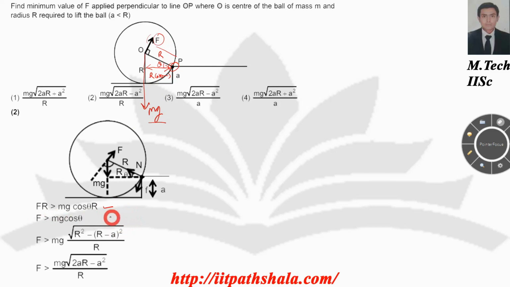Then just using the mathematical calculations for the cos theta, using all the dimensions over here, this is my A, as you can see this is my A over here.